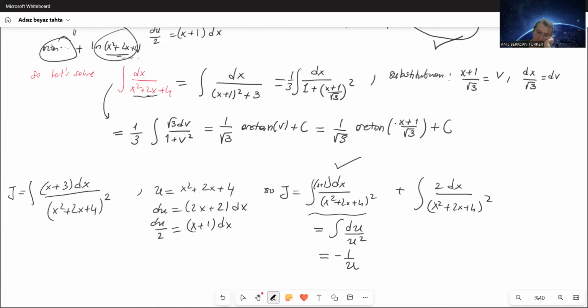Let's also assume that you are completing the square, right? So let me put it like this: this integral equals 2 dx over (x plus 1) squared plus 3 squared.